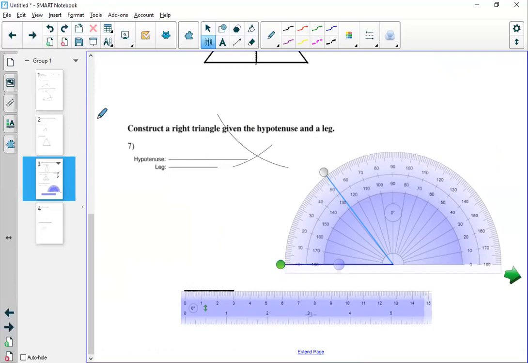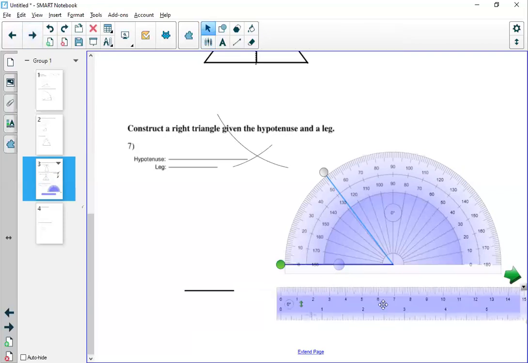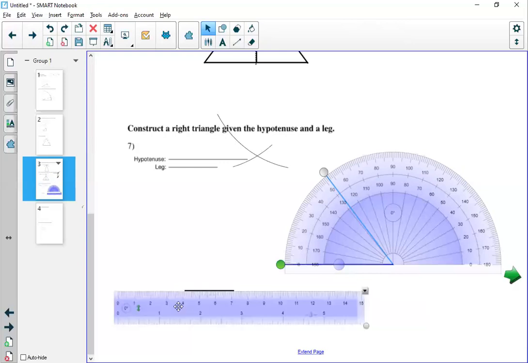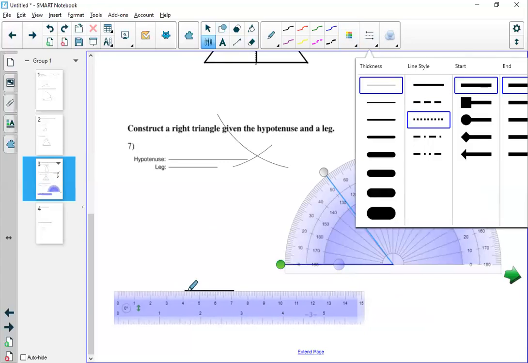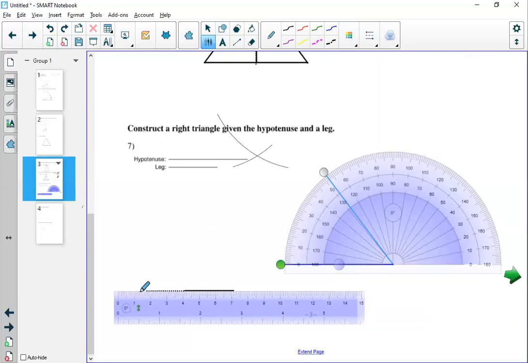All right. So next, I'm going to construct a 90 degrees, a right angle at this end of that 3 centimeters. But before doing that, I would like to extend that line with a broken line.